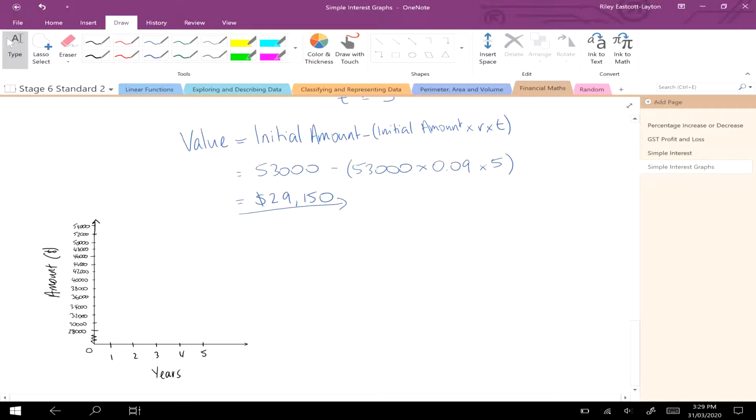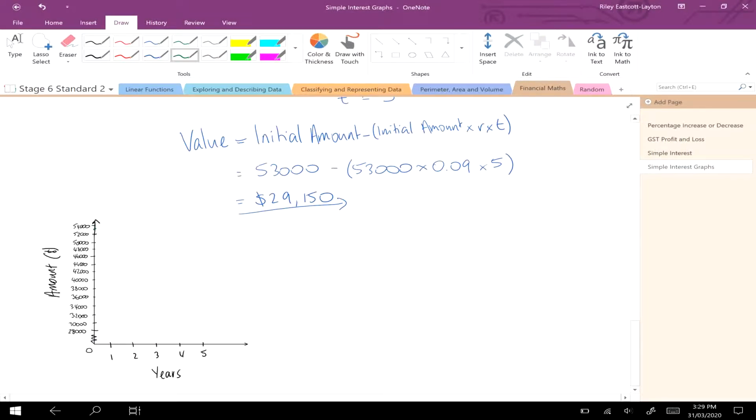So again, when we're dealing with straight line graphs, which this is an example of, we need 2 points only. So our first point was up here. It was initially worth $53,000.